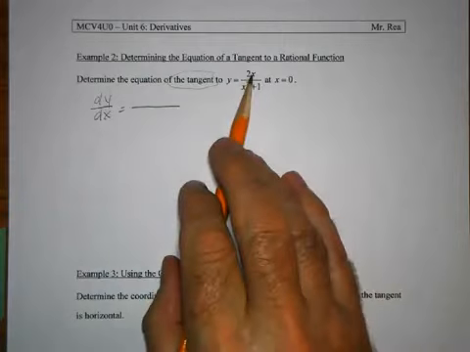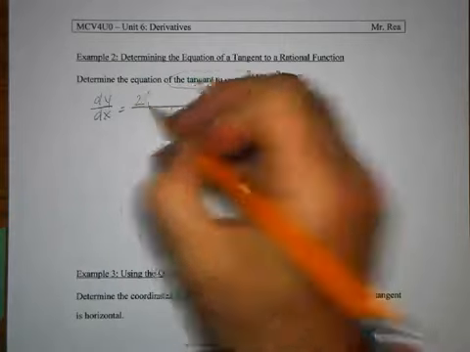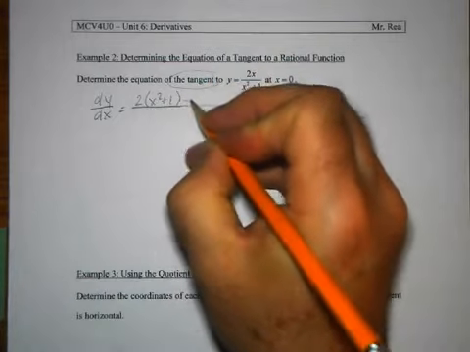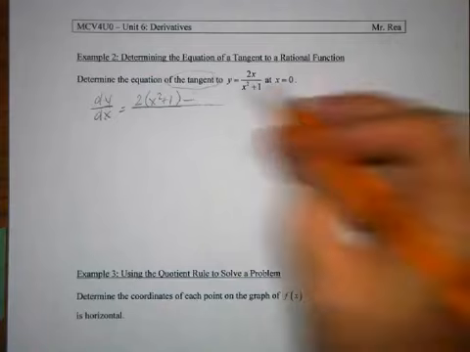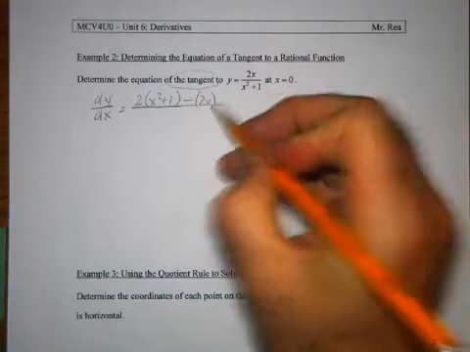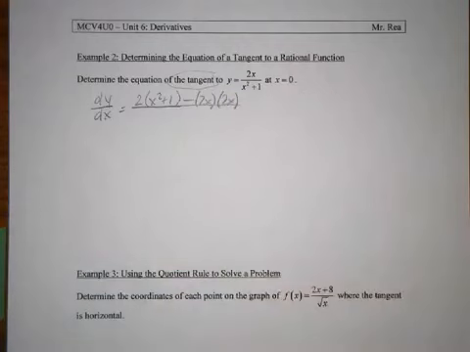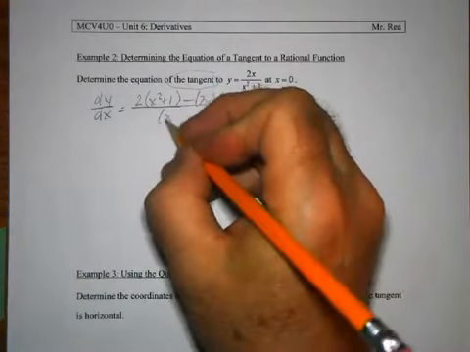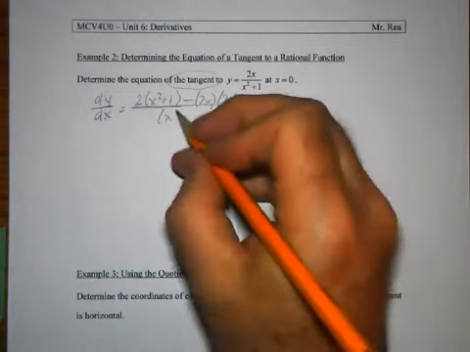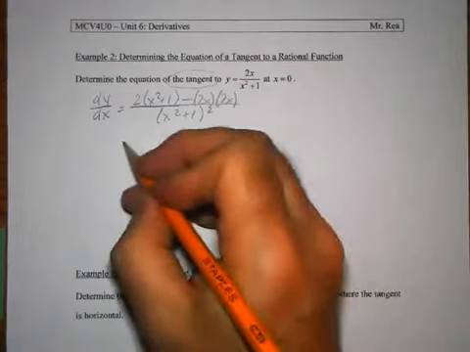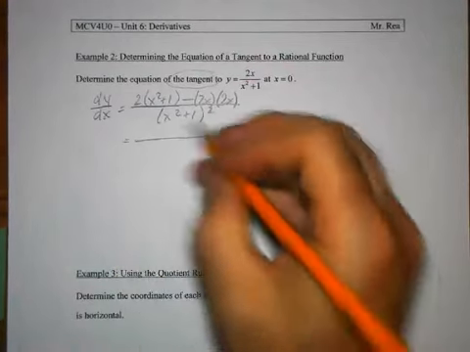We've got a derivative of the top. So it's a 2 times the bottom function. And then subtract derivative of the bottom times the top function. They both happen to be the same. And then the bottom is the bottom function squared, (x squared plus 1) squared. Expand the top.